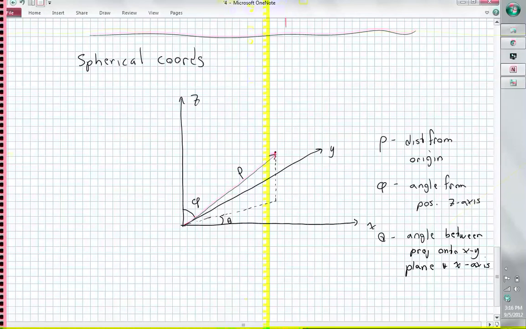When phi is equal to 0, does everybody see that? On the Earth, when I'm at latitude 0, where am I? I'm at the equator. And so there's this difference between latitude and longitude on the planet Earth and spherical coordinates. I'm not really sure why mathematicians and navigators decided to diverge on this particular issue, but they did, and it's an endless source of confusion.